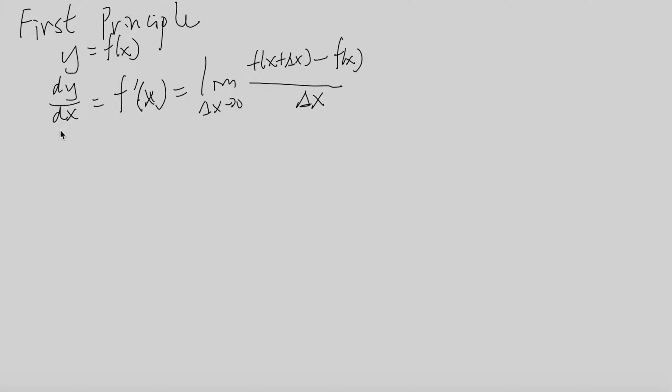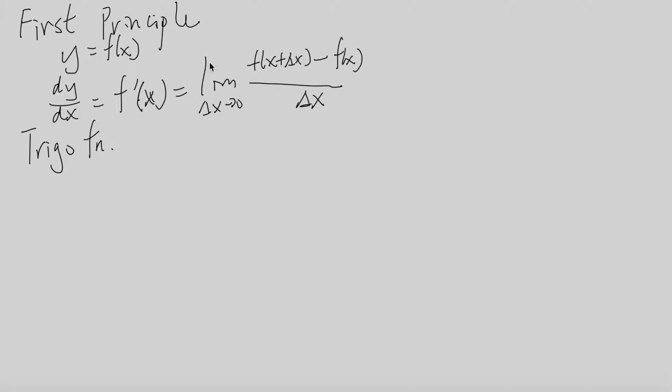But before that, I want to give you one example. I want to focus on using first principle to find the derivative of trigonometric functions, that means sine, cosine, or tangent.